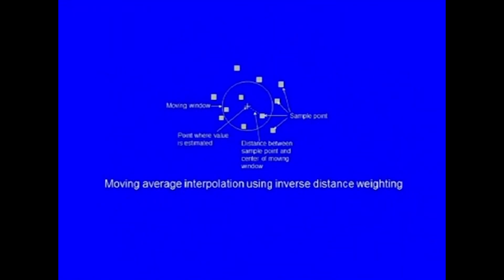Here in this particular figure, we can see the representation of a moving window over a DEM having random sample points, and based on the point and its region defined by the moving window, the estimation of the unknown point is being shown.